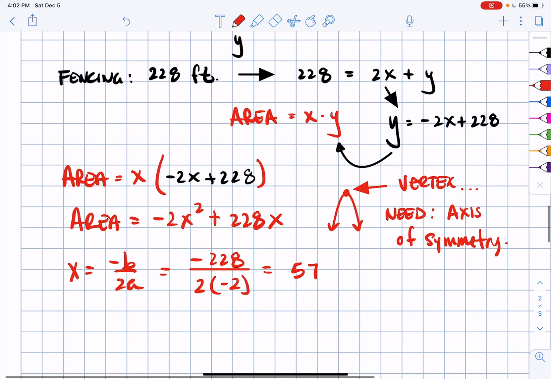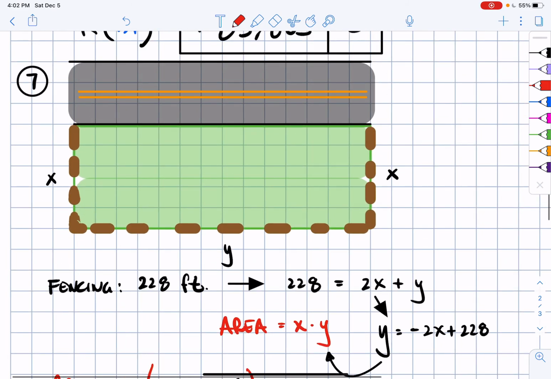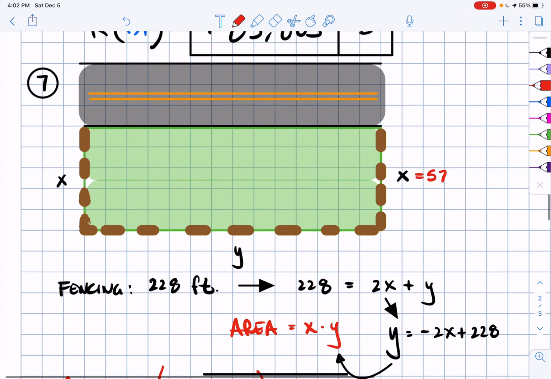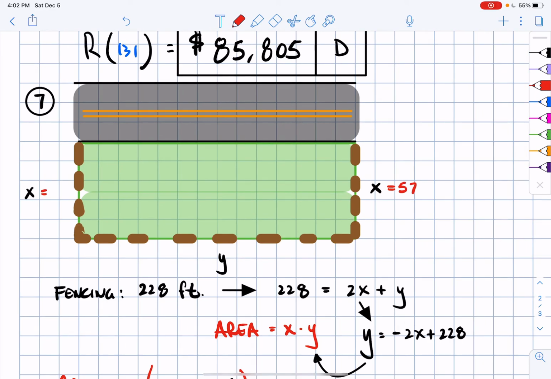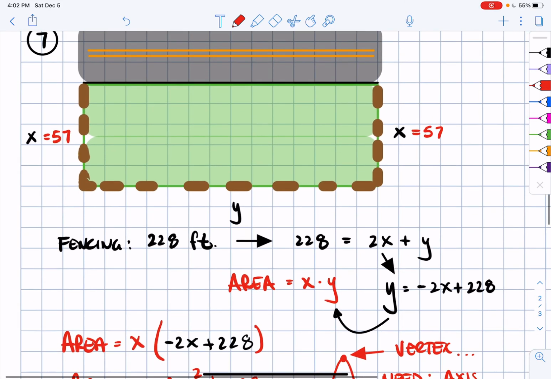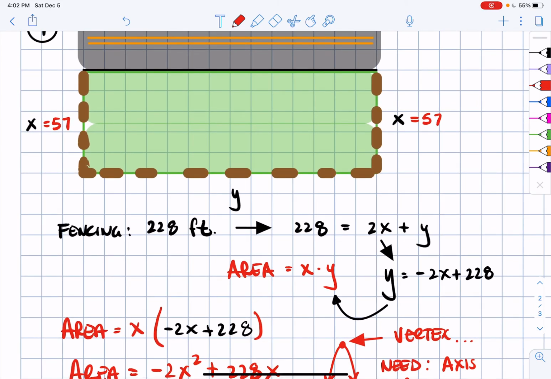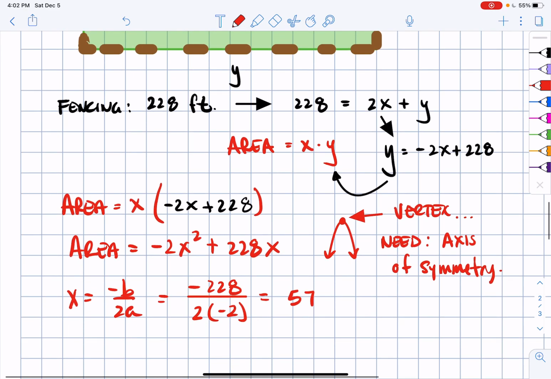What I know is my x value is 57. So this right here is equal to 57, and this right here is also equal to 57. So either I need to find the y so that I can find the area. So I got two choices.